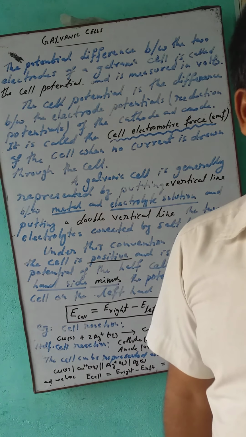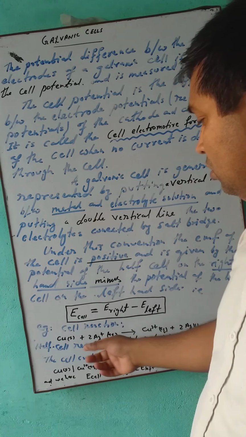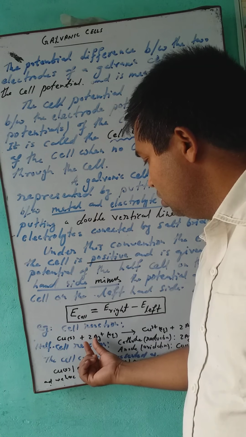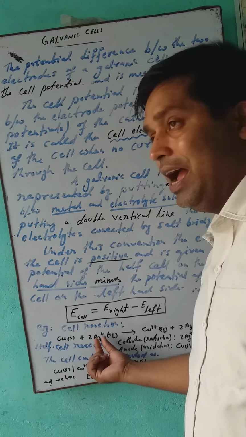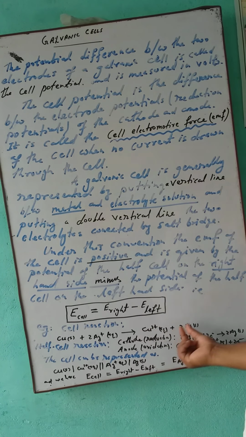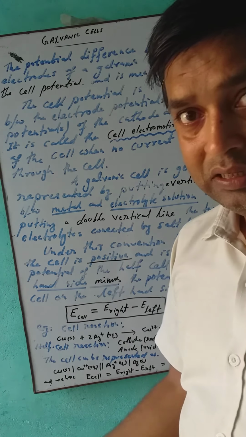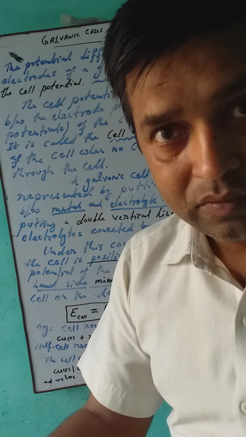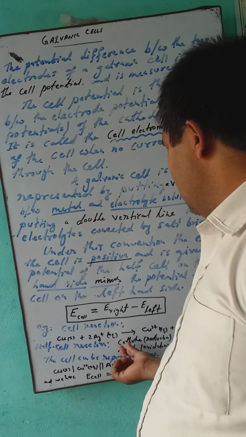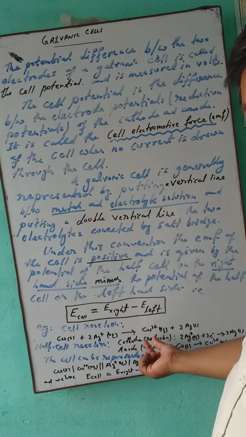Let us take an example of a cell reaction. Copper combines with silver ion to form copper ion and silver metal. Let us see the half reactions. What half reactions are going on in this? At the cathode, what happens? As we know, at the cathode reduction takes place.